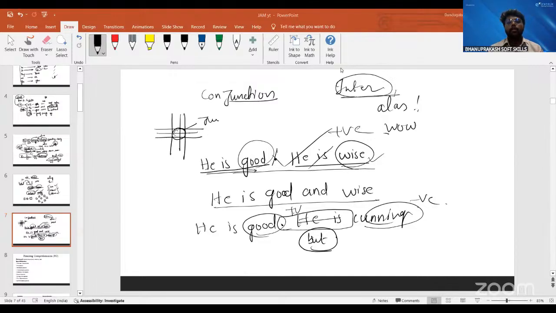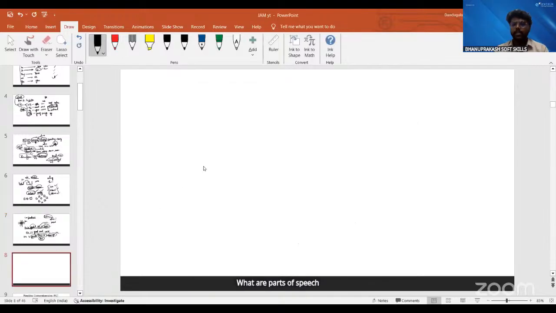Right. Now let's move into tenses. As you now understand parts of speech, different words come under different categories.